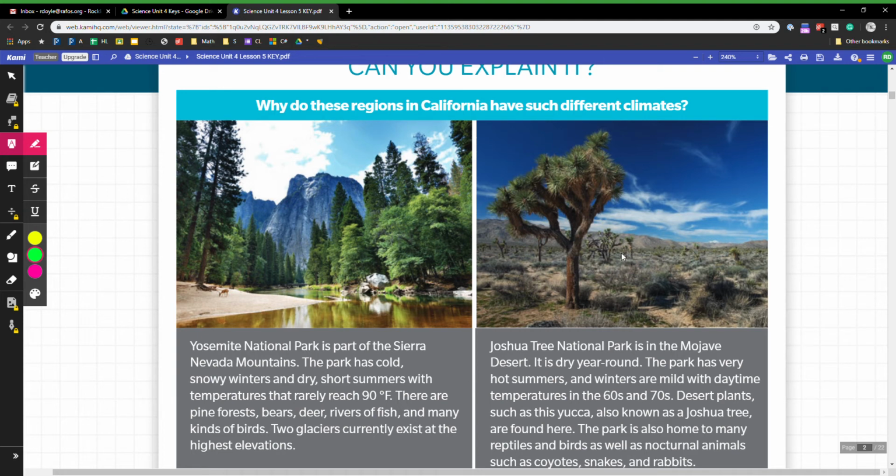And then in Joshua Tree, it's pretty dead. There's not a lot of green. Really, the only green is on the edges of these trees. These are called Joshua trees, which is where the park gets its name. These trees are only, I think, around this area in Southern California and, I believe, in Israel.